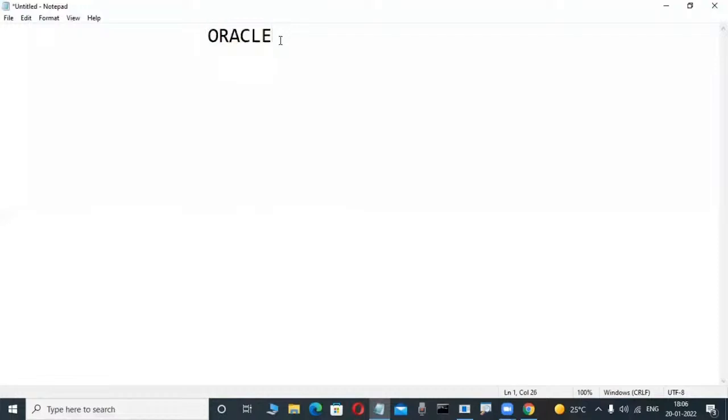But before that, some versions are there in Oracle. Oracle 1.0, 2.0, 3.0, 4.0, 5.0, 6.0, 6.1, 5.1 also there. And now 7.0, 7.1, 7.2, 7.3, 8.0, 8.1.5, 8.1.6, 8.1.7.